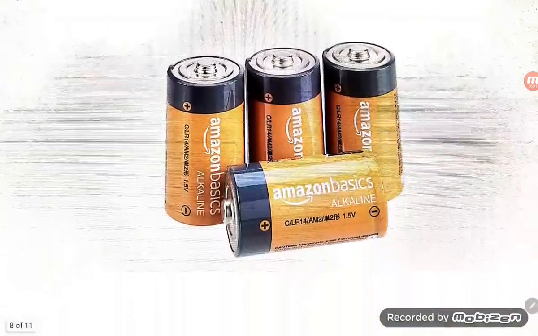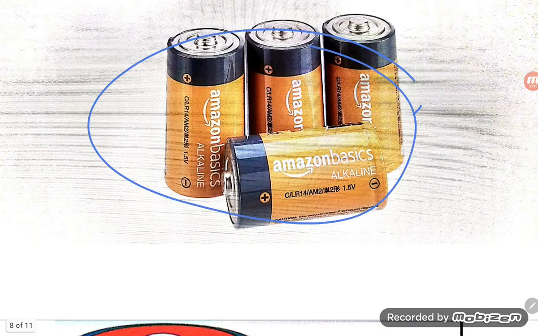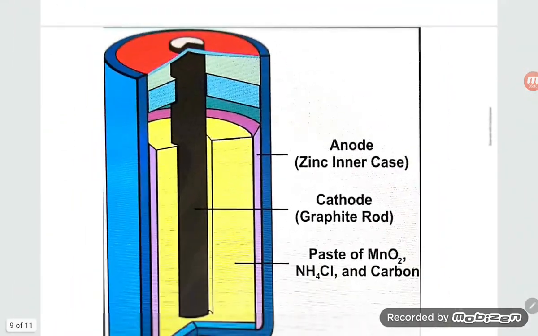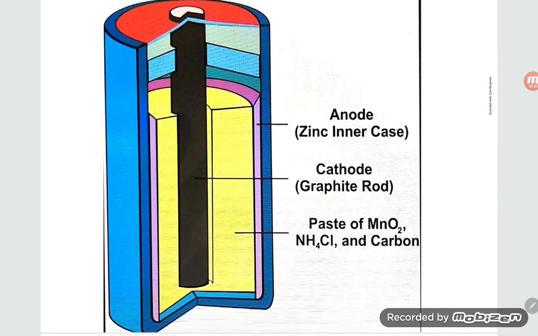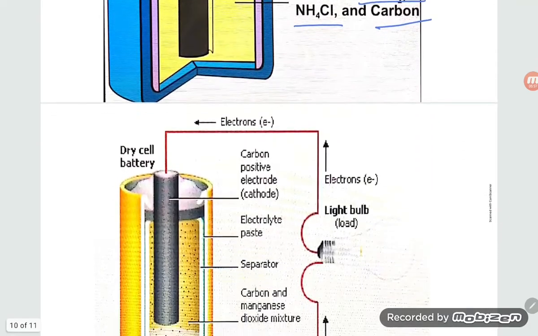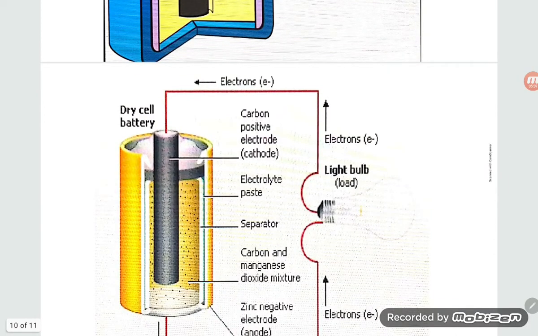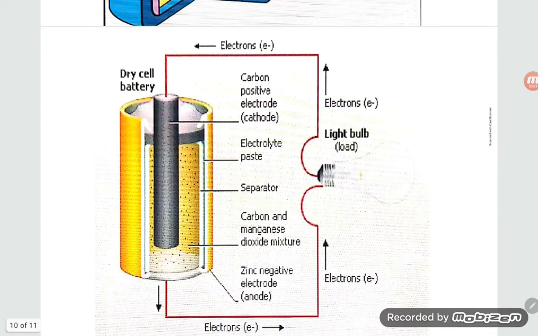Next point. This is the dry cell, you can easily see. They are saying the anode is the zinc container, the cathode is carbon graphite, and the paste is NH4Cl and MnO2. So how do electrons flow, students?